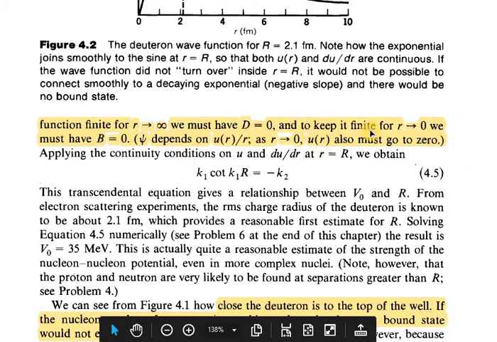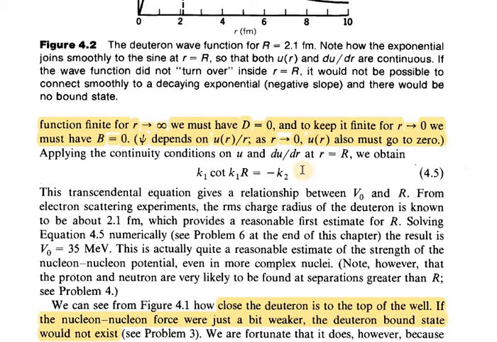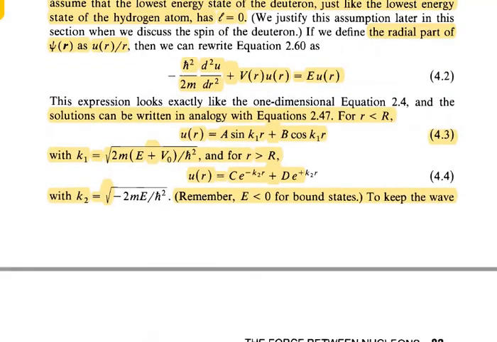And to keep the wave function finite for r equal to 0, we must have B equal to 0. We assume that B equal to 0 at r equal to 0. U of 0 equal to 0.